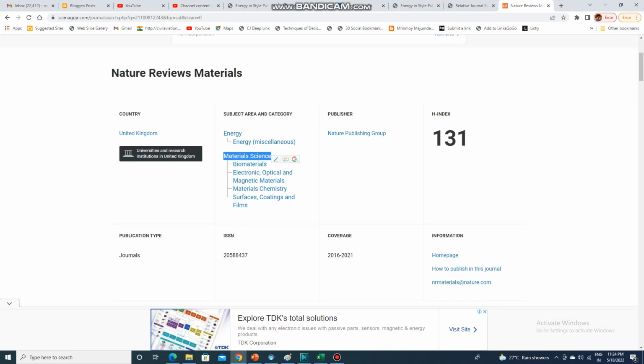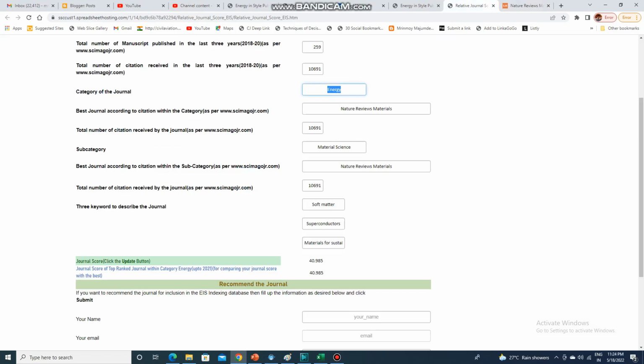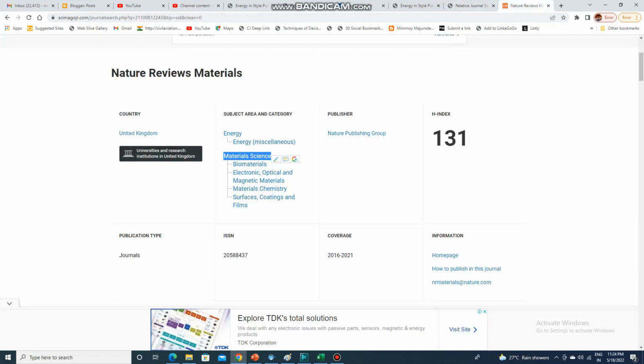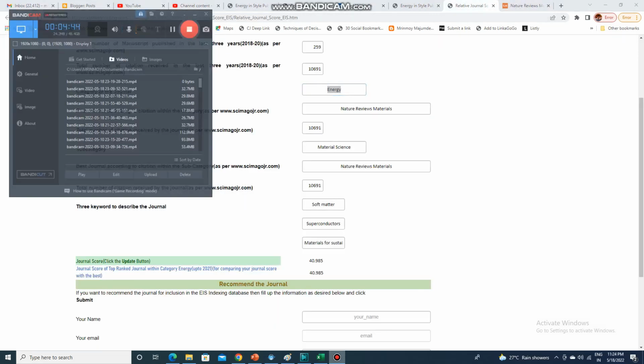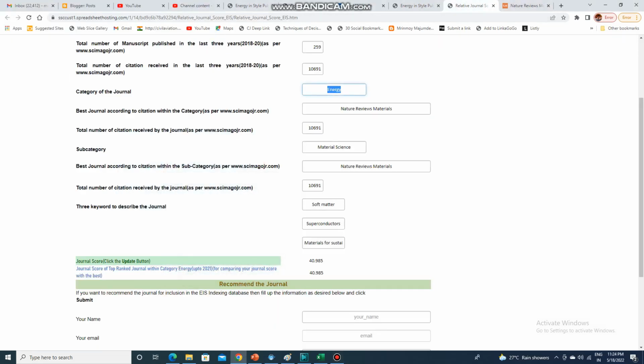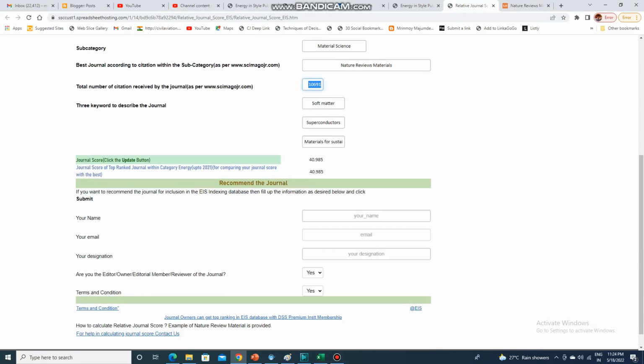So they are saying it as subject area and category, but for the relative journal score, the category is the subject area, and the subcategory is the category. So here also the same citation value will come, 10,691.